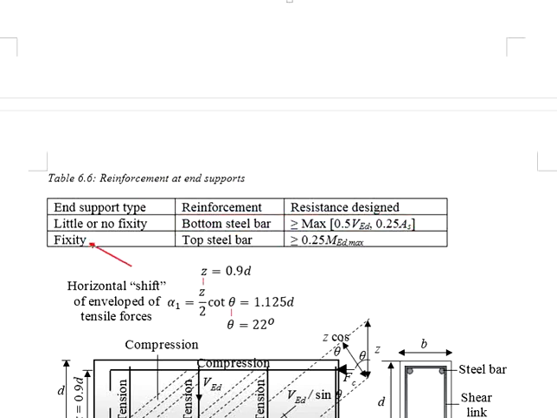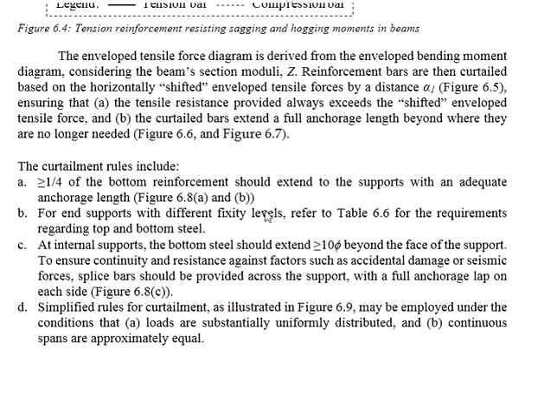Now if you consider the end support to be fixed, then we are looking at the top steel bars. The resistance provided is listed here. This is for the end supports.